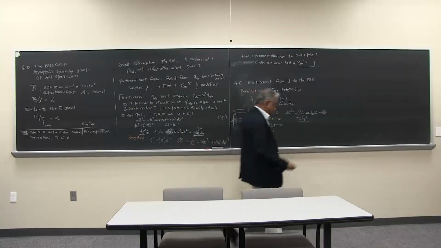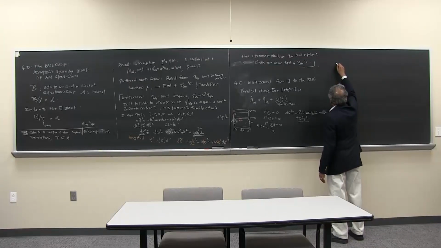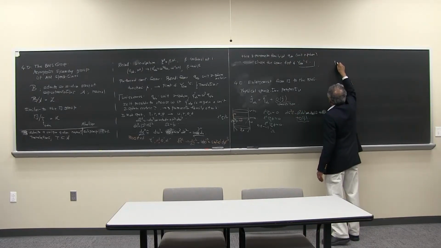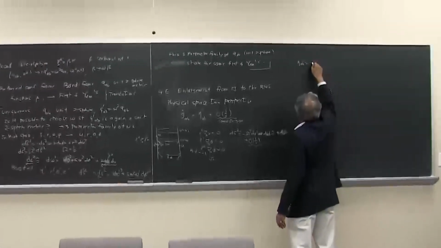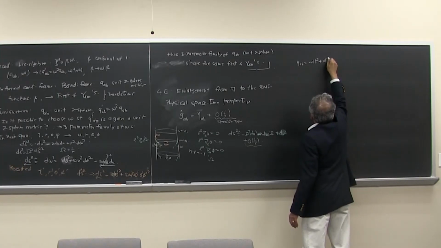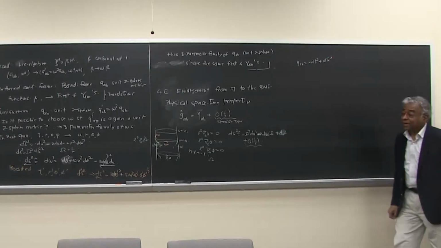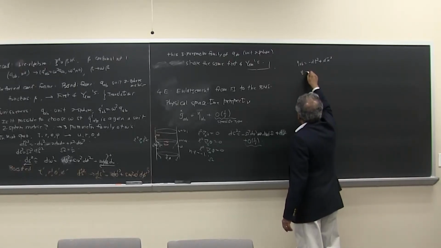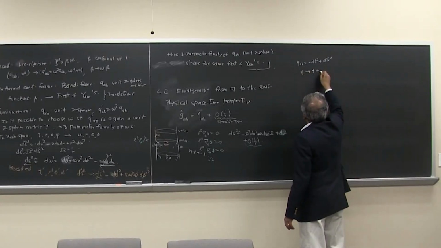But then, as I mentioned last time, for this eta AB, I can write it as minus dt squared plus dx squared plus dy squared plus dz squared. But now what I can do is make a certain angle-dependent translation.